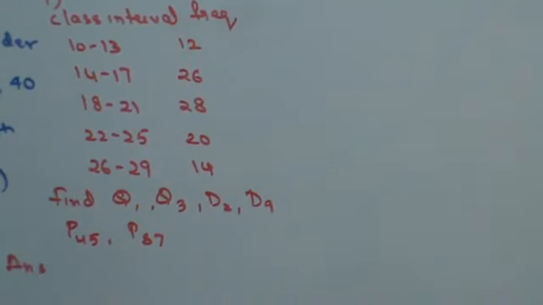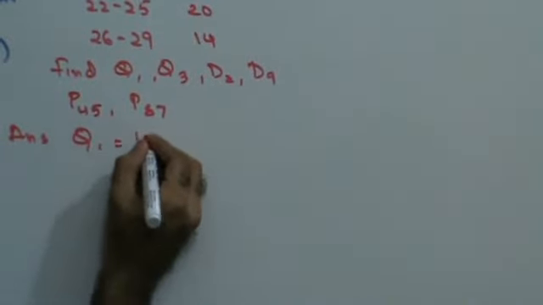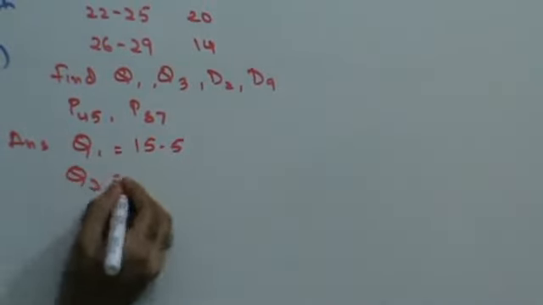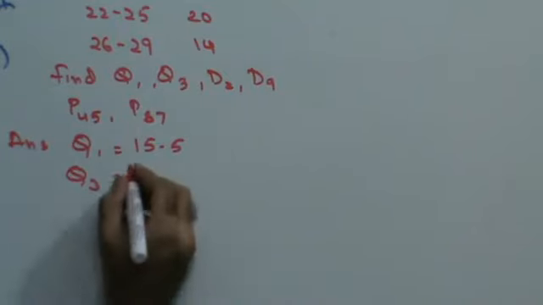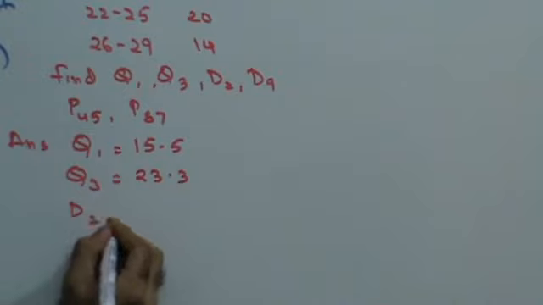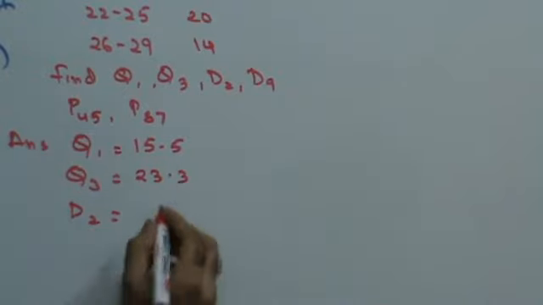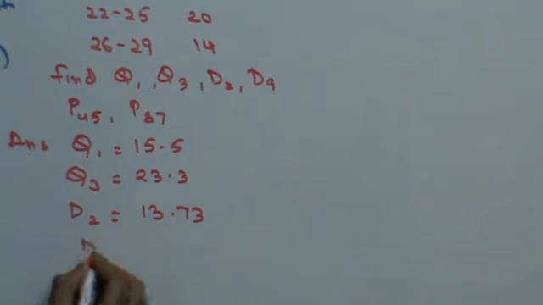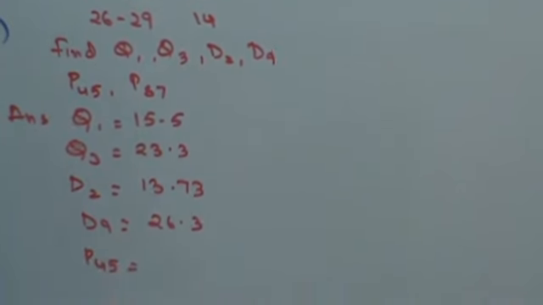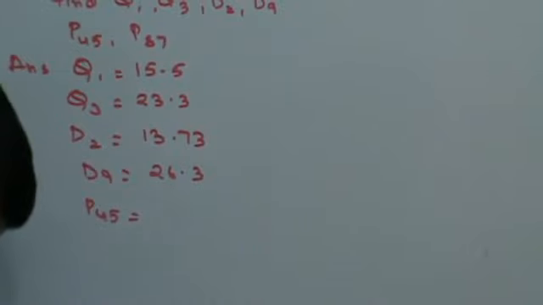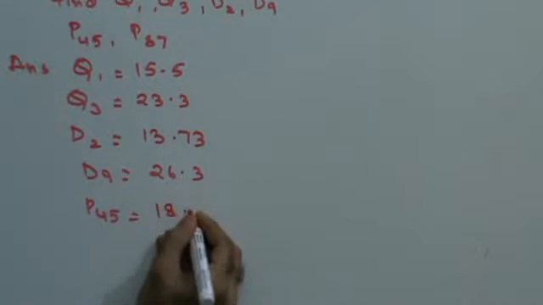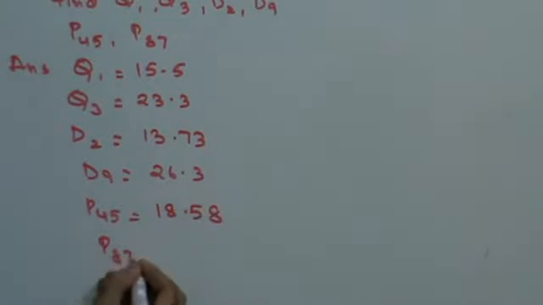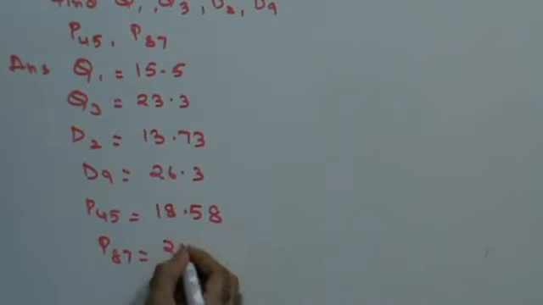The answer for this should be: Q1 should be 15.5, Q3 should be equal to 23.3, D2 should be equal to 13.73, D9 should be equal to 26.3, P45 should be equal to 18.58, and P87 you should get the answer as 25.7.